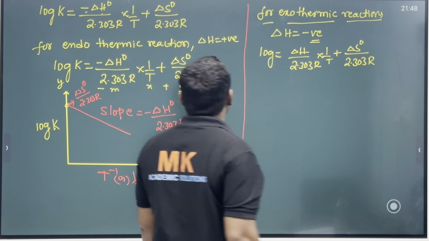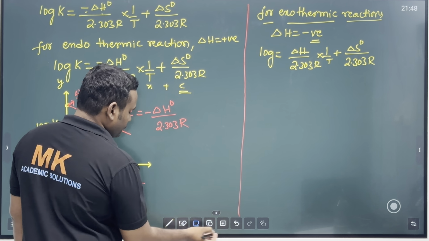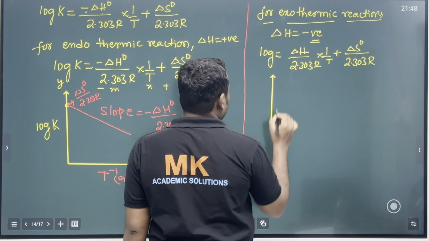2.303 R. Okay, so now how will we get the graph here?